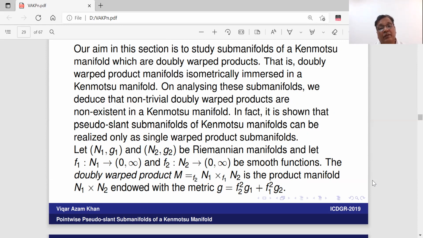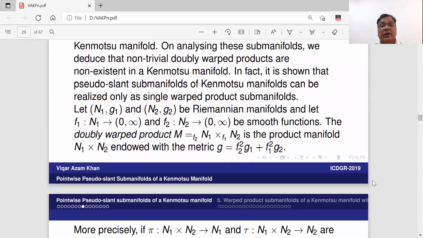We call this metric G a warp product metric. So any product manifold of two Riemannian manifolds with this metric G is called a warp product manifold, and the metric G is in fact a warp product metric.